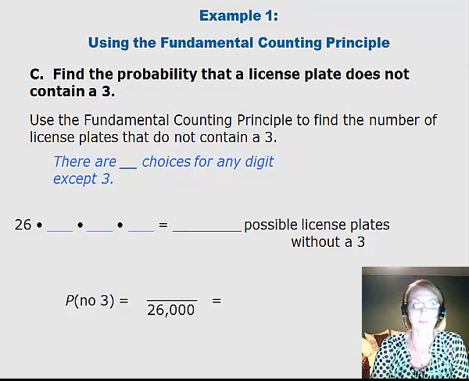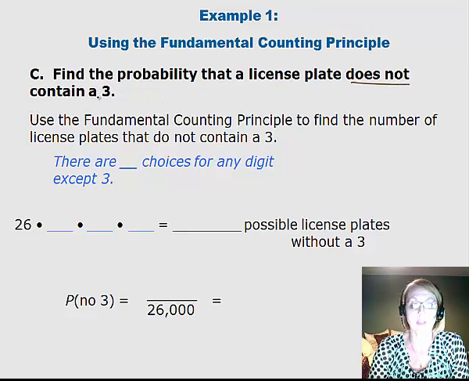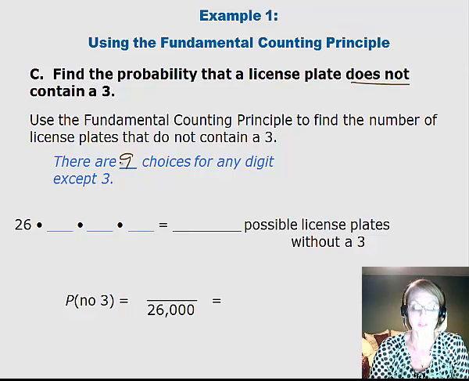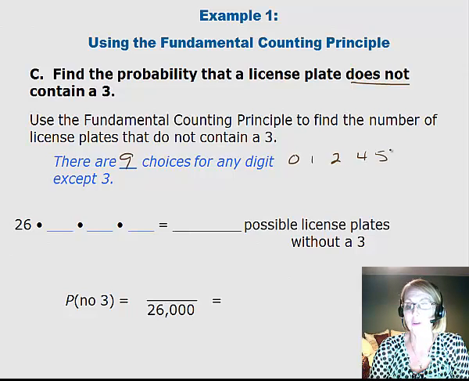Example 1c. Let's use that same information and find the probability the license plate does not contain a 3. So we know that there are 9 choices for any digit except 3, because there's 10 choices total. Without a 3, we're looking at 0, 1, 2, 4, 5, 6, 7, 8, and 9.